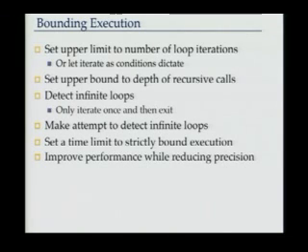And for bounding execution, there are a few things that can be done. You can set a limit on the number of loop iterations, which also loses precision, but it's a way to at least execute the portion of the code once, or however many arbitrary times you want. You can also let it run as the conditions dictate.